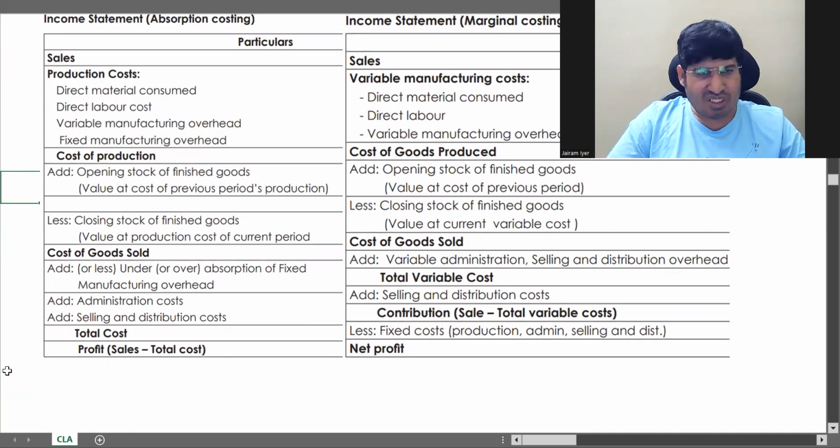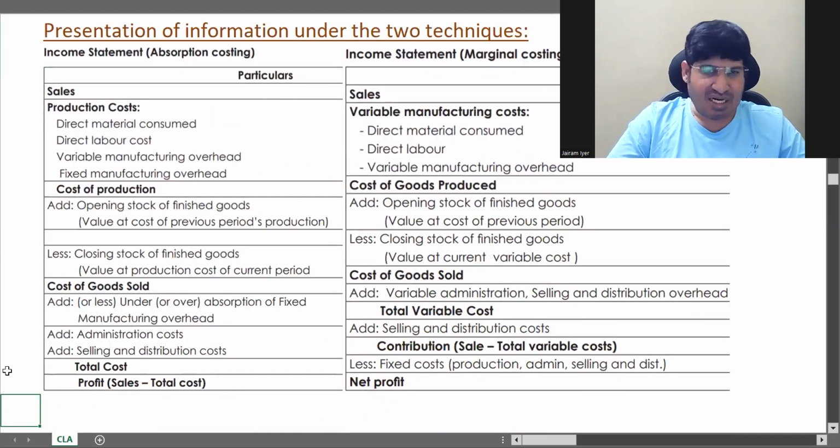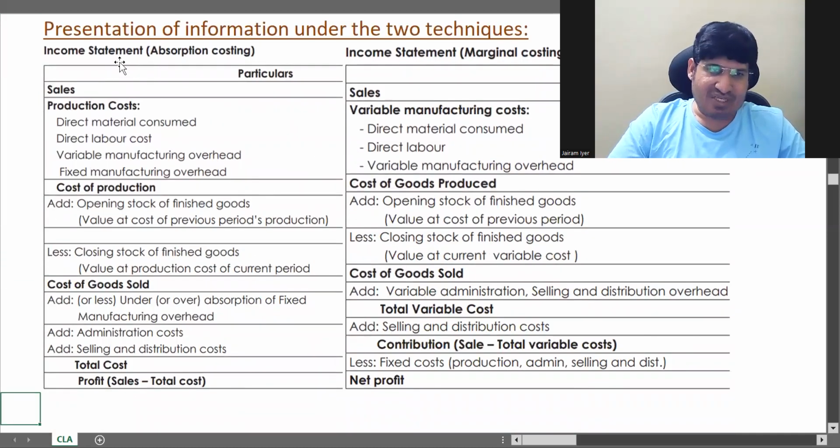Then absorption costing, what I would tell you is, I have given you a comparative statement between absorption and marginal costing. Just take a look closely where the change is. Here the main thing is in your production costs in absorption costing, you include fixed overhead also.